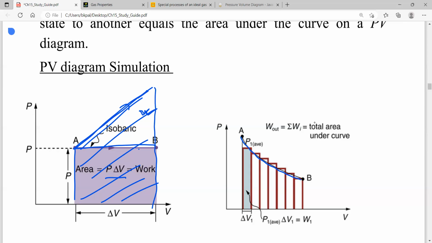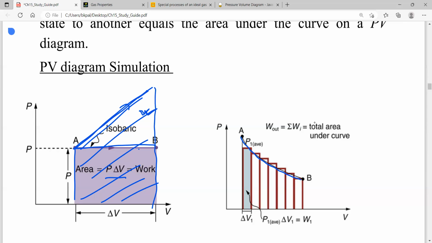So for example, here we break this up, determine the area of each small rectangle, and then add them together. This way we don't get the exact value, but it's very close to the exact value. Another way to do this is by integration, using calculus, but here I'm not going to use calculus.